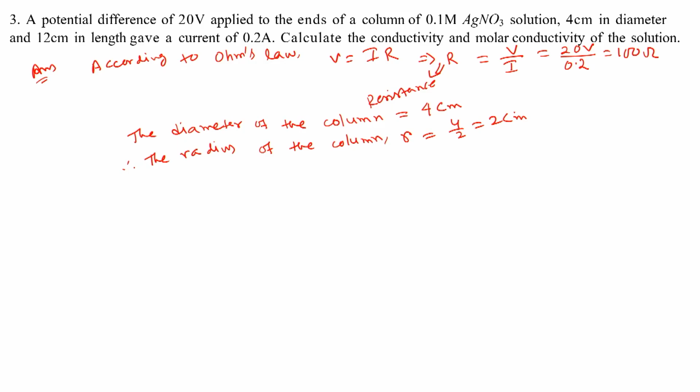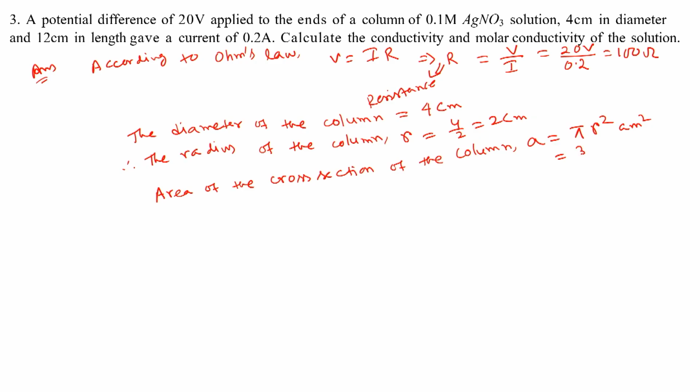So we got the radius of the column. Now we can calculate the area of cross section. If we say this is A, this is nothing but pi r squared centimeter square.